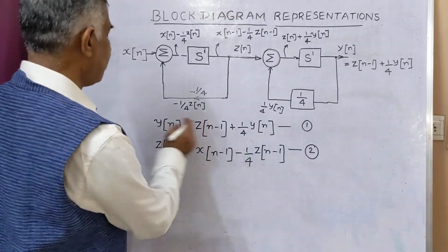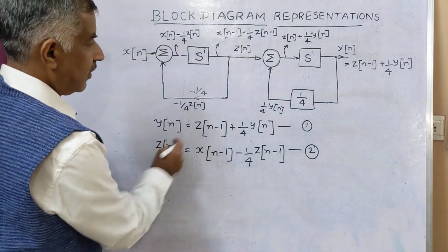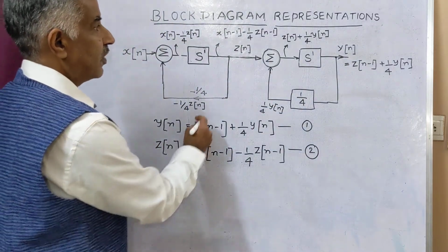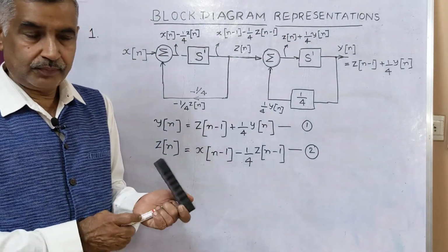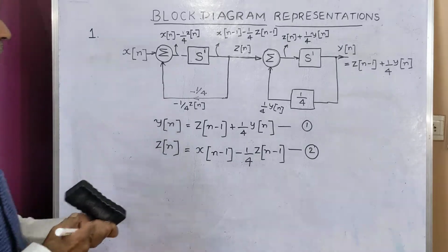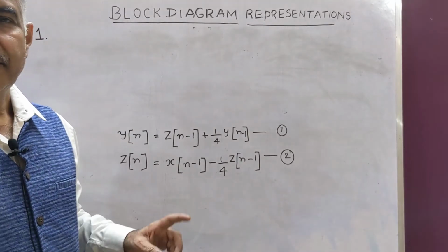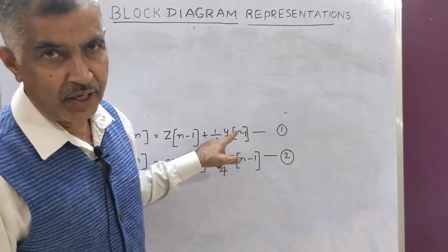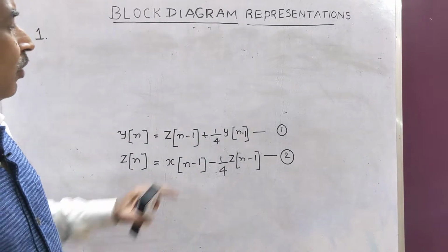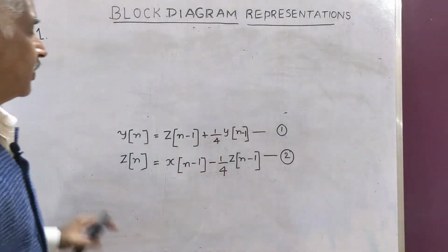The first equation is the equation for y of n, and this is the equation for z of n. A slight correction here, I had left out 1 here, so I have added it. Now I will show how to manipulate these two equations.